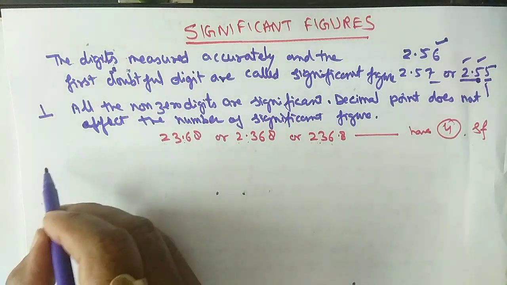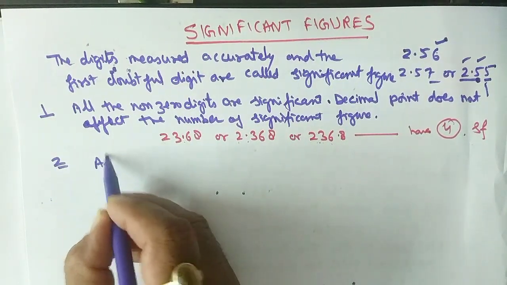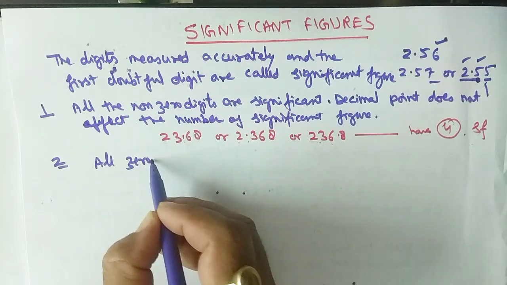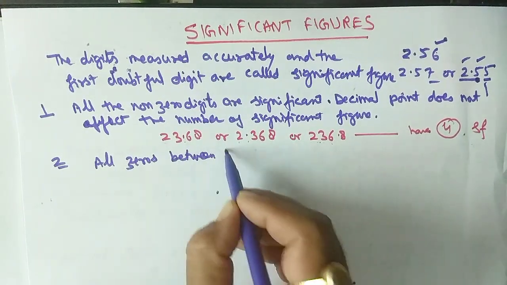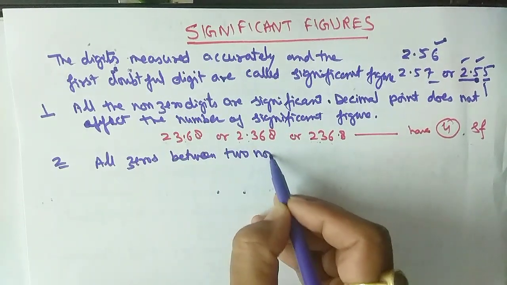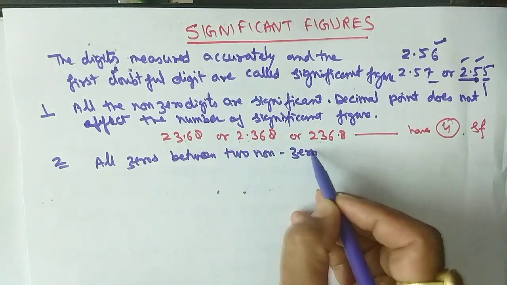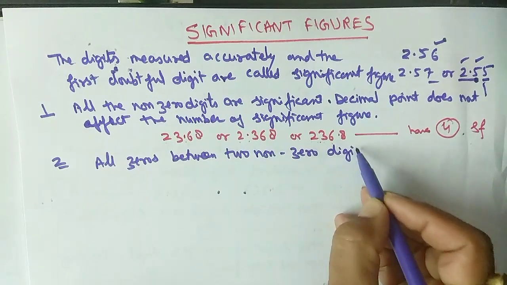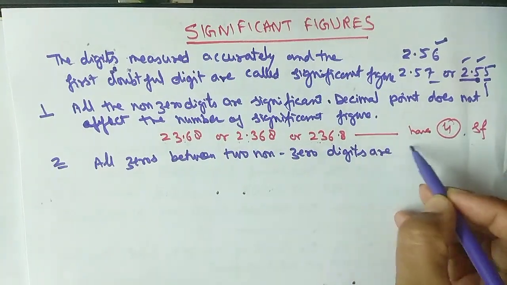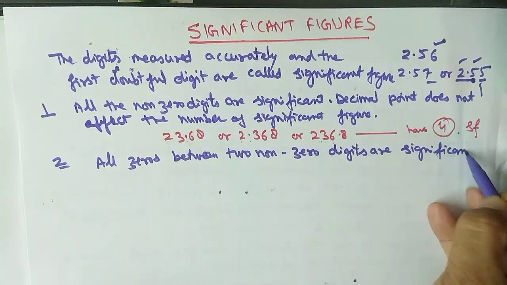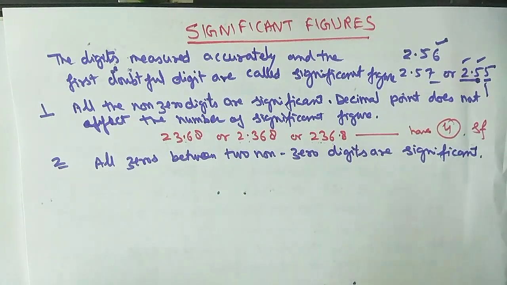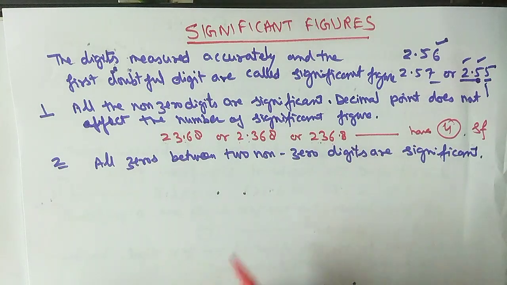Now come to the second rule. All zeros between two non-zero digits are significant. Take the example.